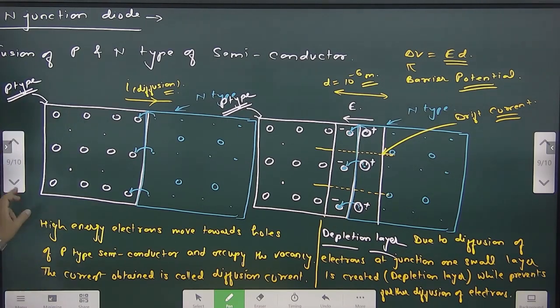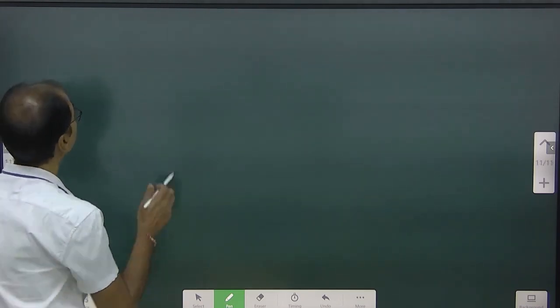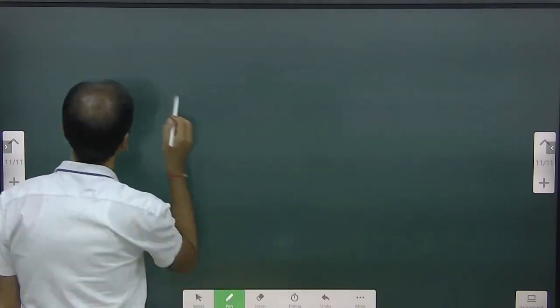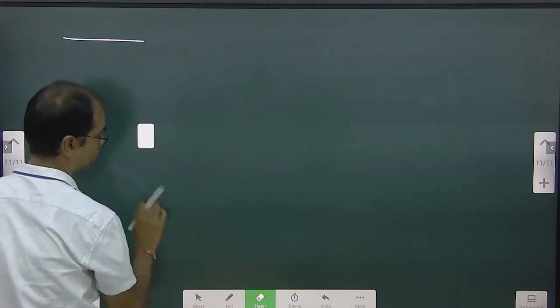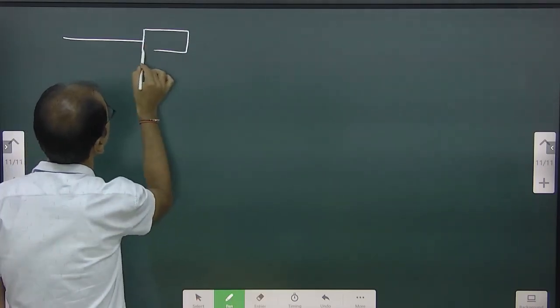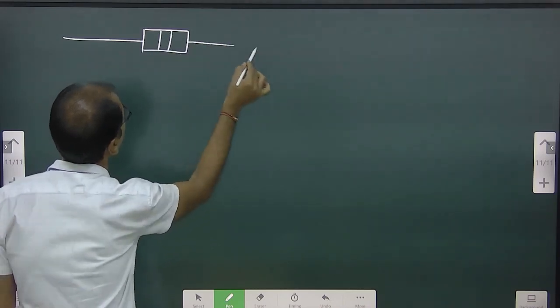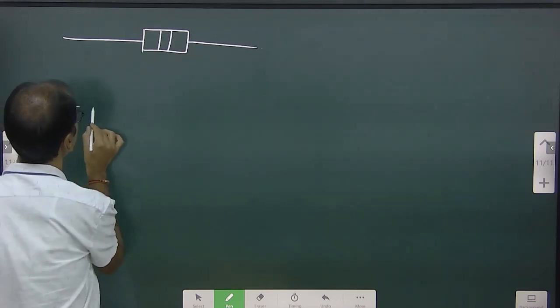So sometimes they show it with a diagram also, like suppose a PN junction diode, they have made an electrical circuit. Okay, this is a PN junction diode. This is a depletion layer, and then it is like this. So just to show the potential difference over here, they'll make it like this.